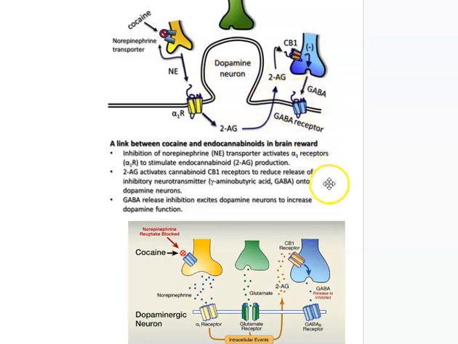So then there's going to be that increased dopamine release. You can see that here. So with GABA release inhibition, you release that inhibition by preventing that neurotransmitter release, which means you're going to get more release from those dopamine neurons.